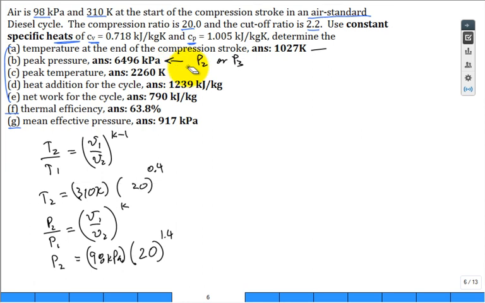I recommend that when you start a problem like this, you have your pressure volume diagram, your temperature entropy diagram, and a table of properties. For every state, 1, 2, 3, 4, you can put in the pressure or the temperature. If you want, you can put in specific volume if you like.